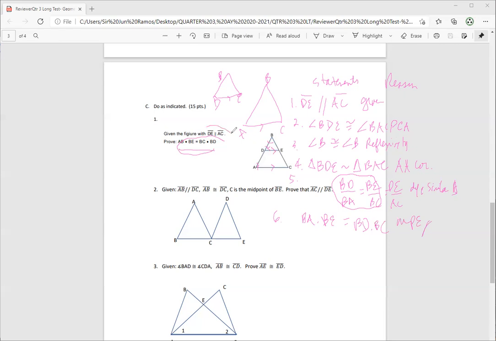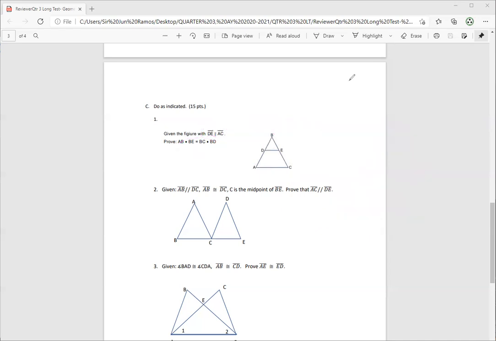This one gave us what we wanted, that it has so many implications that when we say DE is parallel to AC, then corresponding angles are congruent. Okay, those are congruent. But we did not need to have these two angles congruent because we already have this and B itself for us to have AA corollary. Okay, so that's how we do number one.